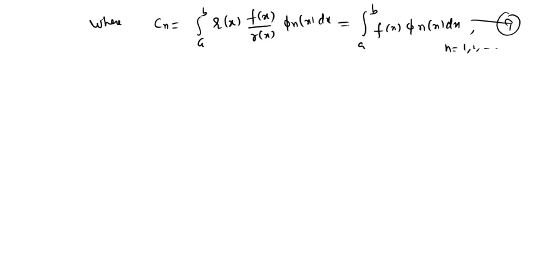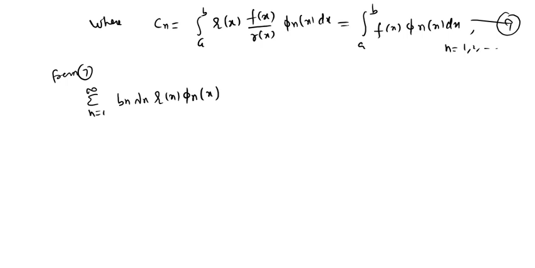Okay, so now I go back to 6, in which we were solving the non-homogeneous one, and we have simplified the left hand side from 7. So from 7 you have the left hand side, that is the sum from n equal to 1 to infinity of bn lambda n r(x) phi n(x).